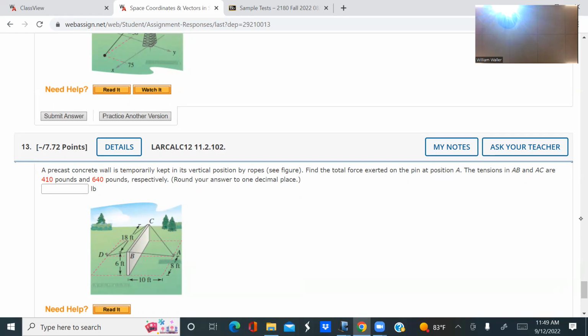We'll have this force vector, the one that corresponds to this rope from A to B. And then we'll also have this force vector, the one that corresponds to the rope from A to C. However, now the book is going to switch on us here.